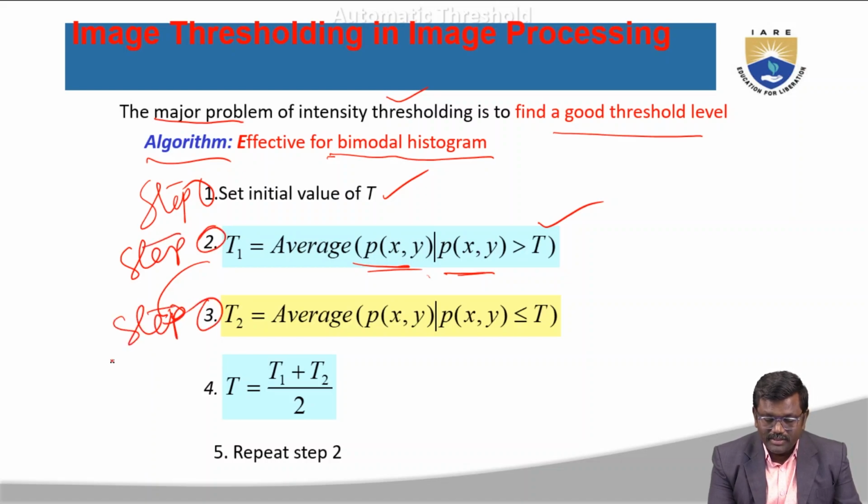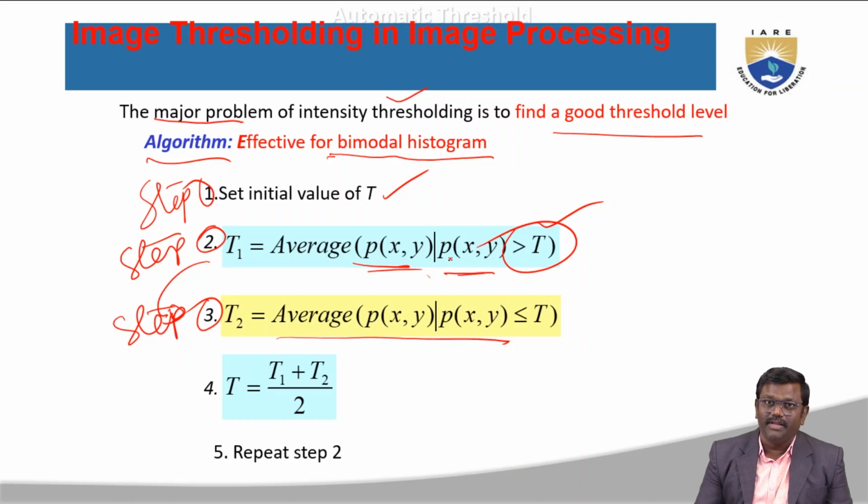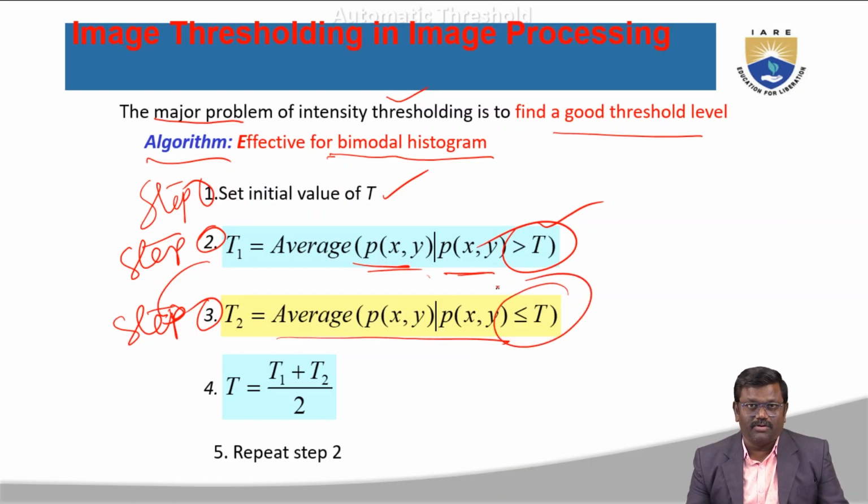The average values we compare are not only greater than T but also less than or equal to T. We are not missing that. Why? Because we are defining a good threshold level as lying in between the maximum and minimum values of your image.